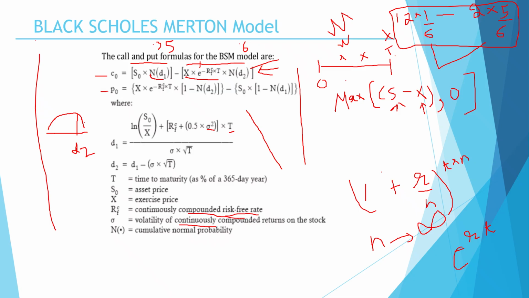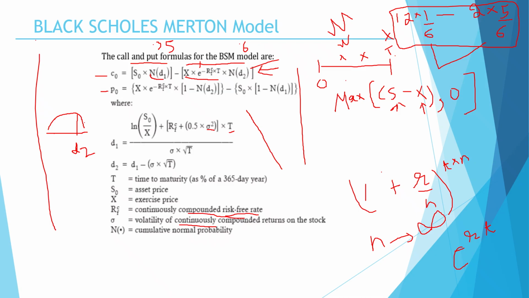In this formula, I think you just have to see the attributes. We have the stock price, the exercise price, which is the strike price, the risk-free rate, volatility, and time to maturity.